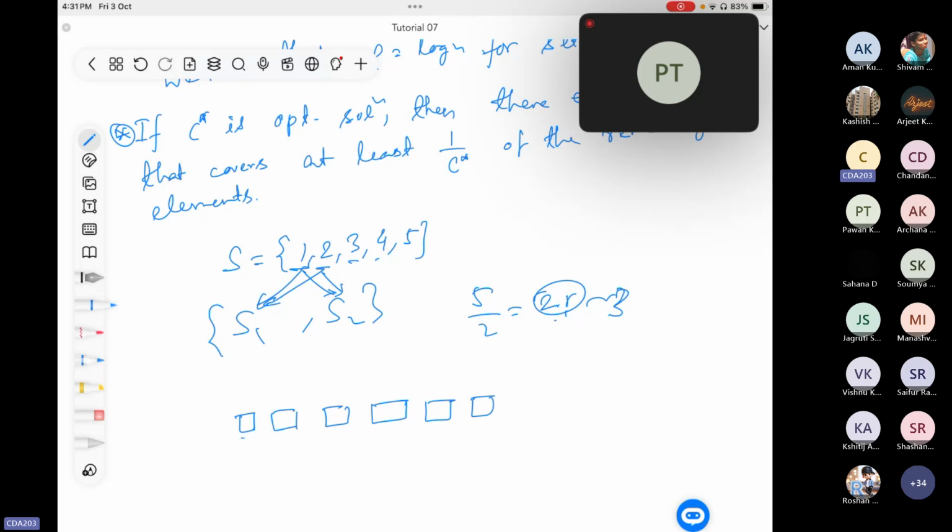There are 6 spaces. So if you have 7 pigeons, how many pigeons can you accommodate?